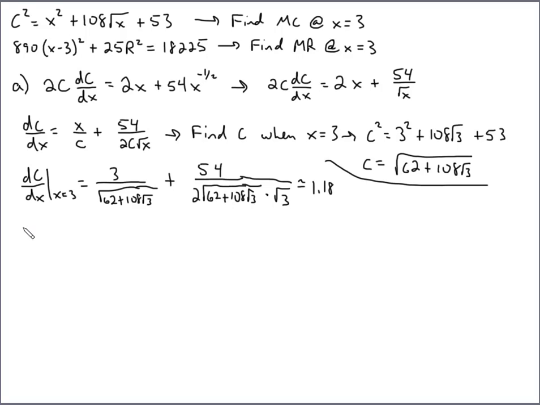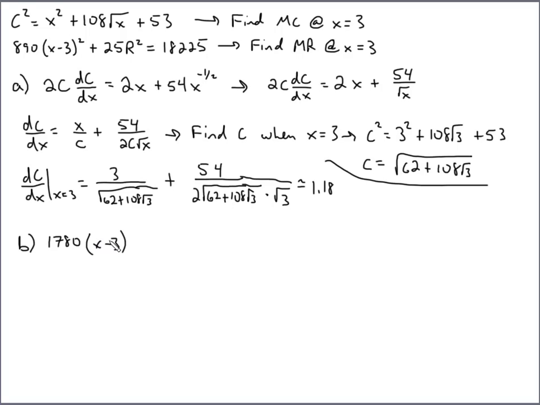Then we're also supposed to find the marginal revenue, so let's do that for part B. So part B, again, we have to differentiate this thing with respect to x, so we'll put the 2 in front. 890 times 2, 1780. Lower the power by 1, just get x minus 3 to the first power.